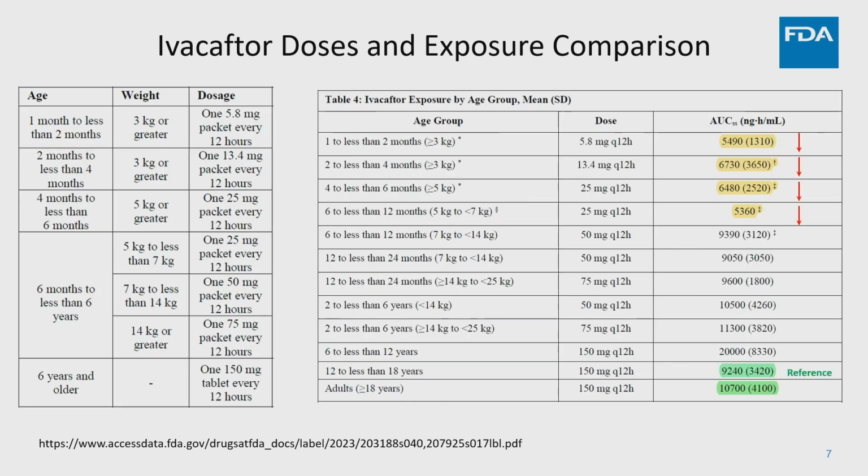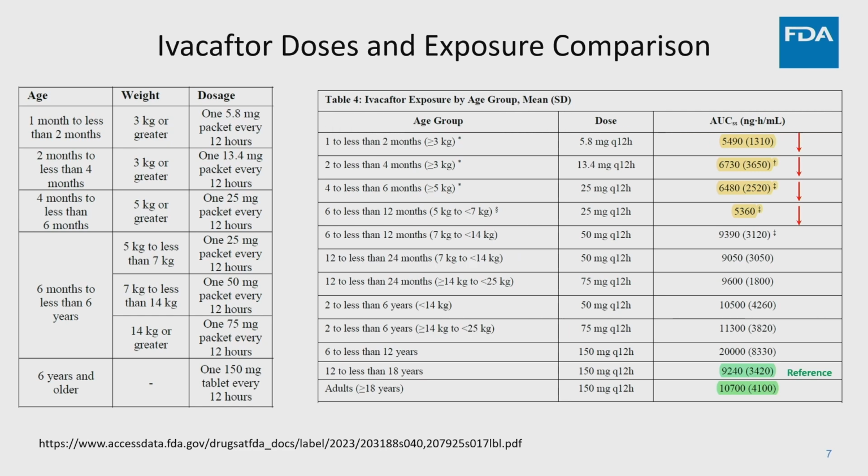If you look into the label for abacavir, you'll notice that in section 12.3 pharmacokinetics, we have a table that lists all the age groups and body weight cohorts we approved or recommended, with the AUC or exposure metrics we observed in clinical studies.